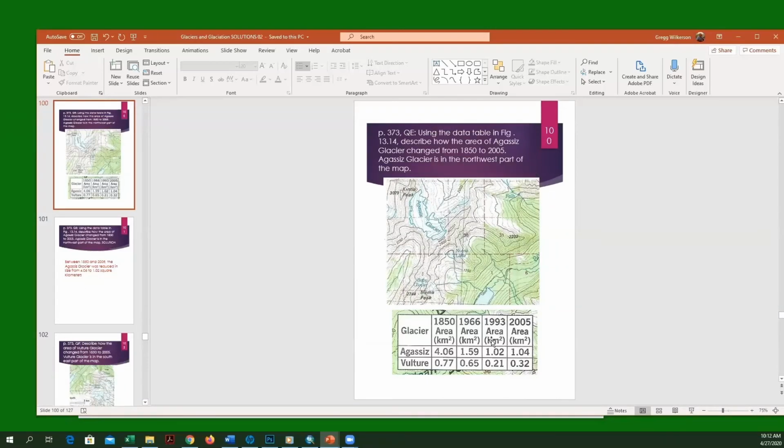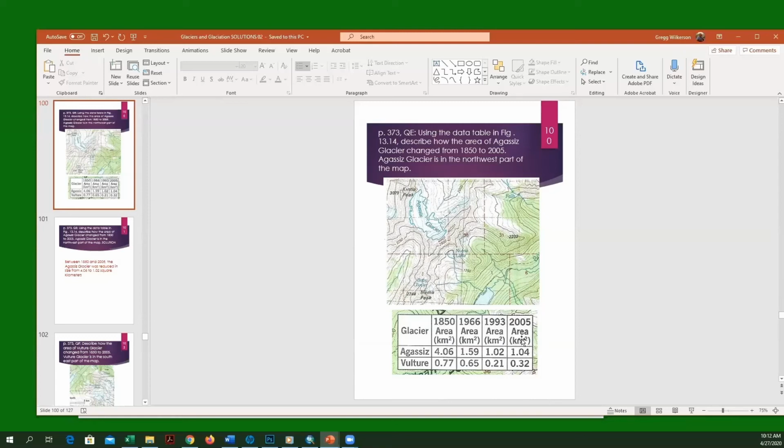You can see the data for the thing, another glacier here too, but it looks like the size of this thing decreased. Whoa, look at this, it increased a little bit.